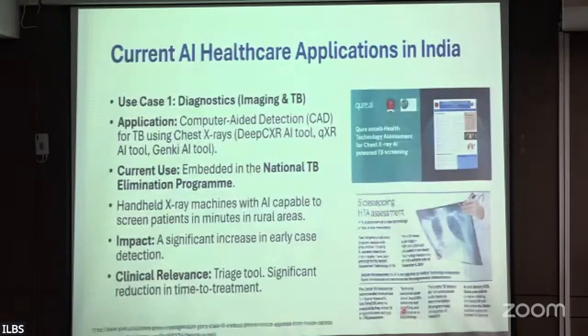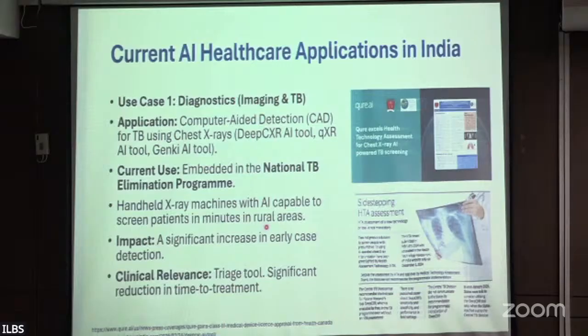So in the Indian scenario, there are certain already established AI-based software being used. One is using CT or X-ray images to identify TB. It works in a minute. A handheld X-ray machine is incorporated with AI capability to screen patients in minutes in rural areas.